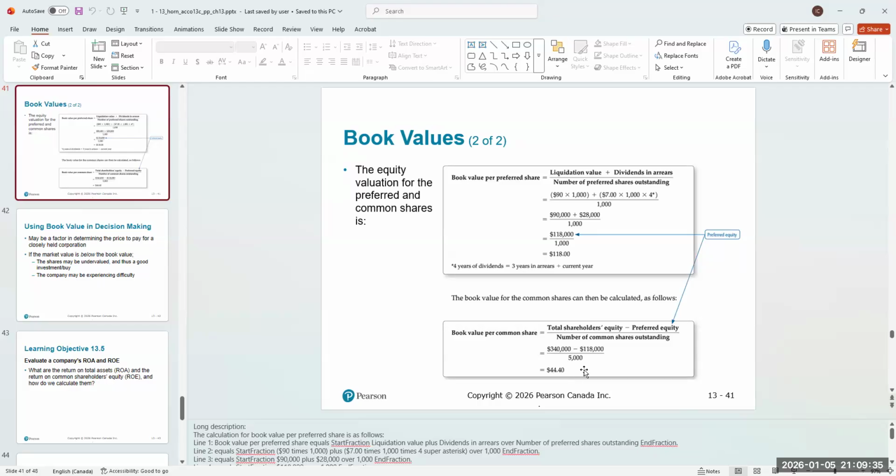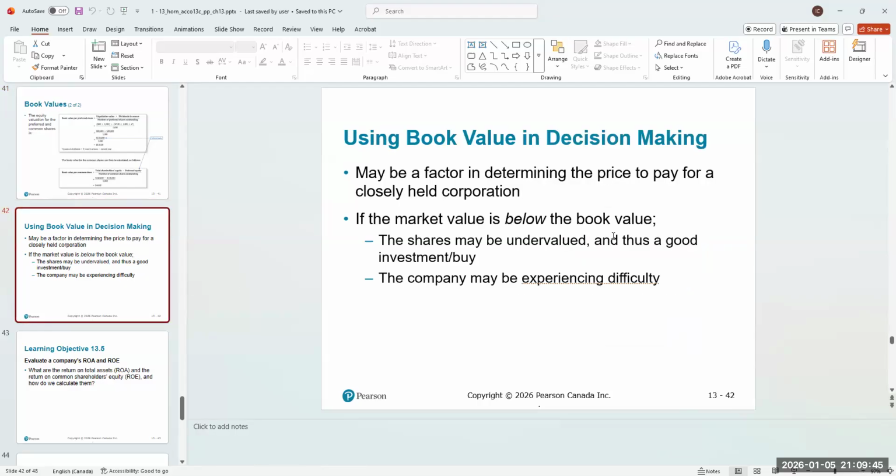So if the market value is $30, go and buy shares. Why? Because the market hasn't adjusted to the information that this company has. Again, if the market value is below the book value, the share may be undervalued, and this might be a good investment. The other option is that the company might be experiencing difficulties. So be careful how you read the information.